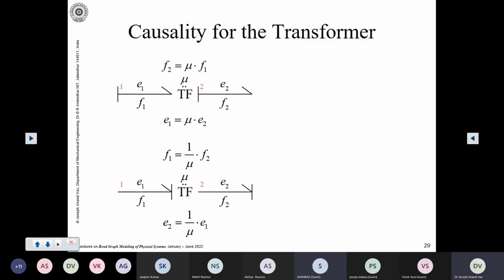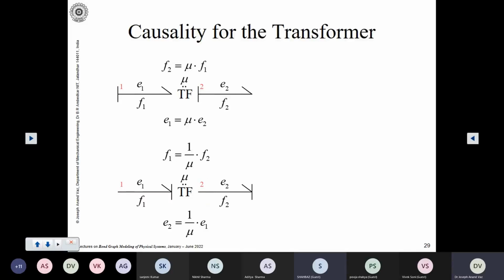So in that case, the stroke will come like this. And the relationship between flow 1 is equal to 1 by mu times flow 2. Essentially it is just flow 2 is equal to mu times flow 1, but because of the way in which causality is written, you have this equation. The equation is the same, but the way it is arranged changes what is the input and what is the output.